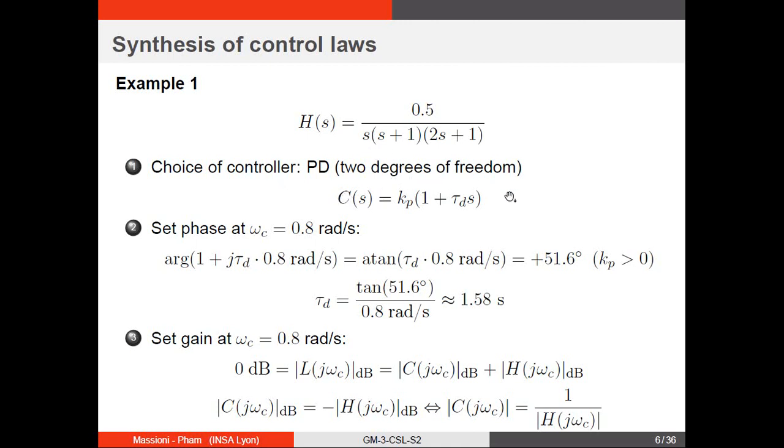Now we consider the PD controller without the pseudo derivative, without the filter, just the pure controller, and then we'll add that later if needed. So the first equation we set is to set the omega c, the crossover angular frequency, at 0.8 radian per second. So again, what is the angular frequency of this thing over here? Well, it is the angular frequency we computed before.